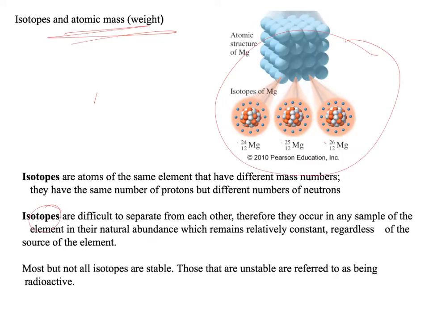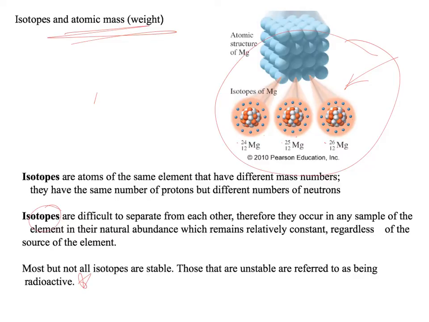So wherever you get magnesium, it's going to have a relatively same percent abundance of the 3 different isotopes that are found.